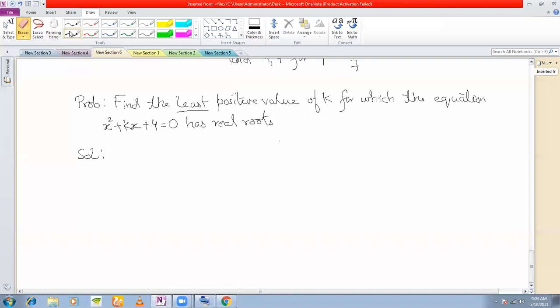So that is what the question means here. Now, before discussing this problem, we'll discuss a certain rule. This rule is very important.